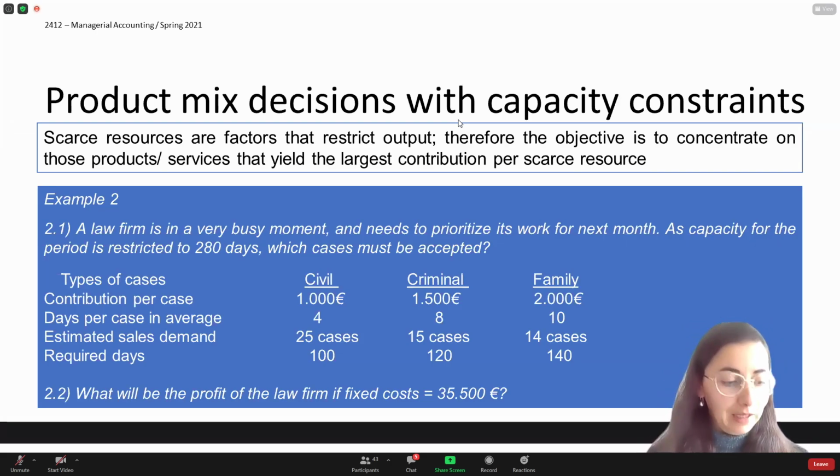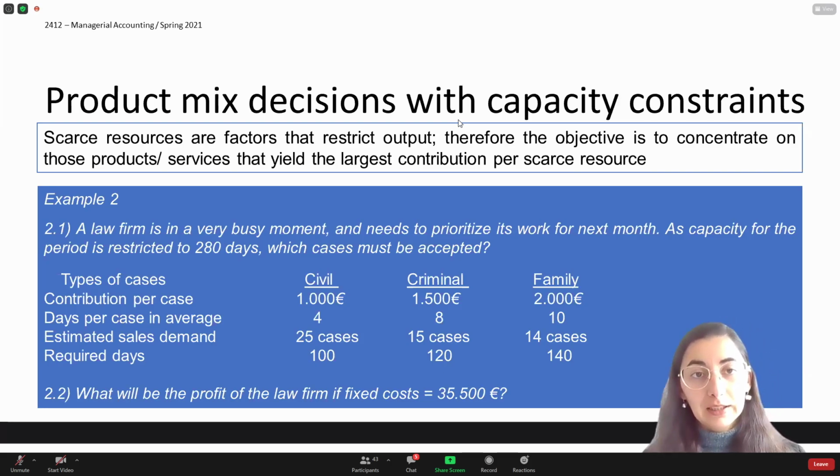For family, it would be 200 euros times 140 days. And for criminal, it would be 40 days times 187.5 euros. Both ways will give the same result, and you can choose which one you think is more logical.